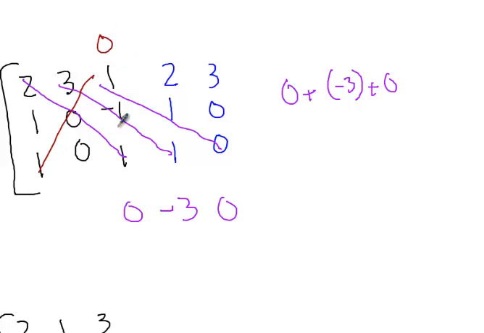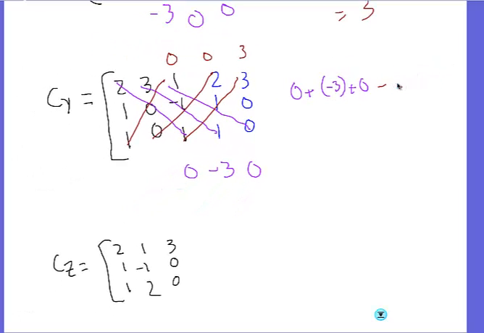So 1 times 0 times 1 is 0. 0, negative 2, 0, negative 1, 2 is 0. 1, 1, and 3 is 3. So it's minus 0, minus 0, minus 3. So it becomes 0 minus 3 plus 0 minus 0 minus 0 minus 3, which gives us a negative 6.